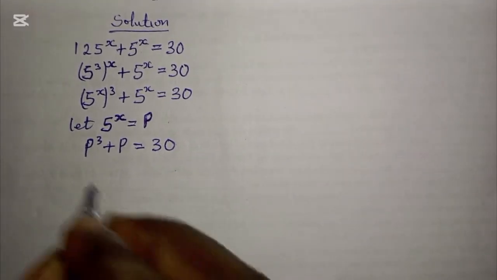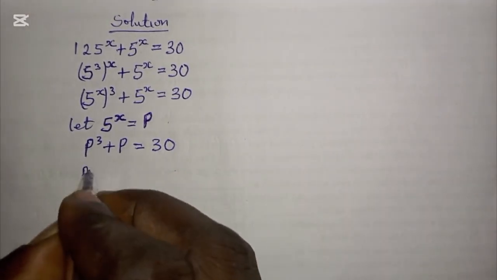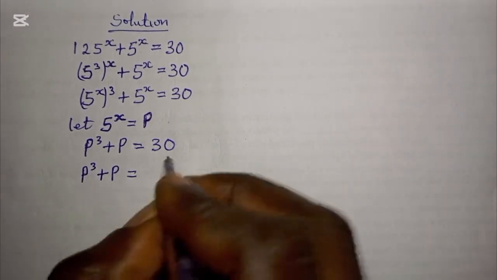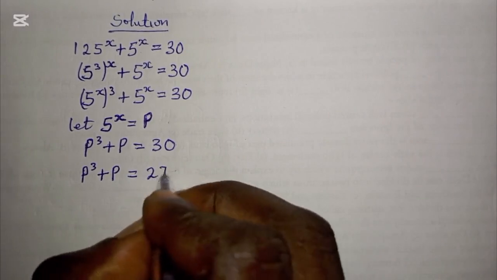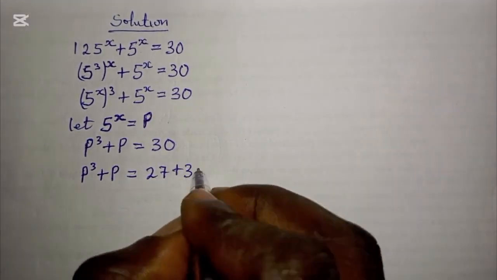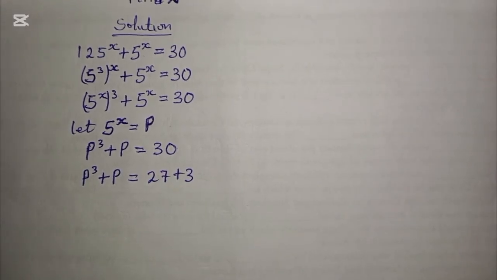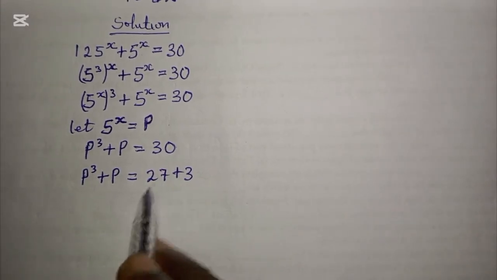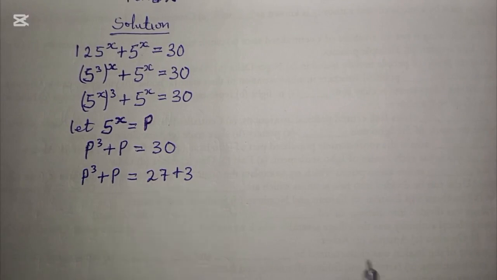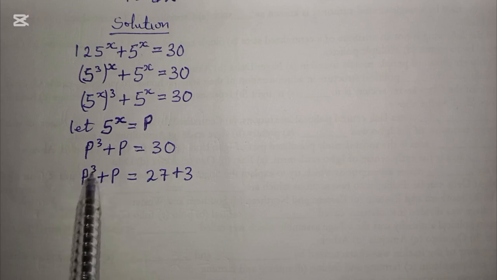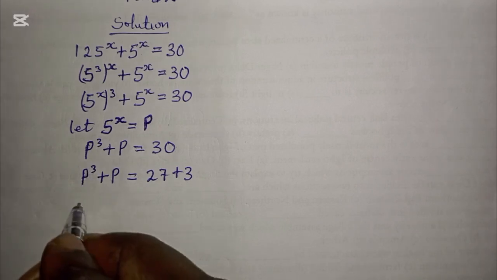From here we can rewrite this as p raised to the power of 3 plus p equals 27 plus 3, to give us 30. 27 can also be written as 3 raised to the power of 3, so that we have a power of 3.